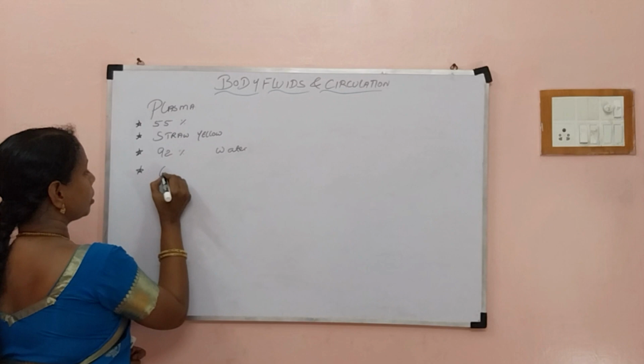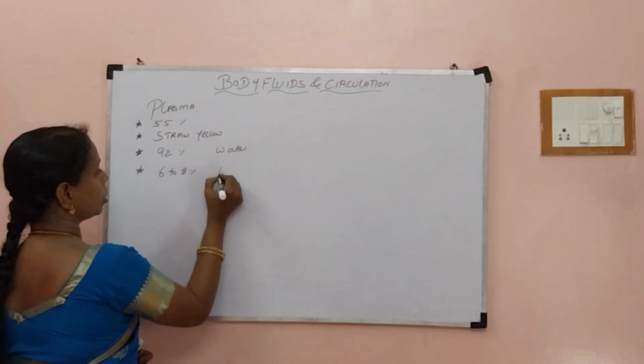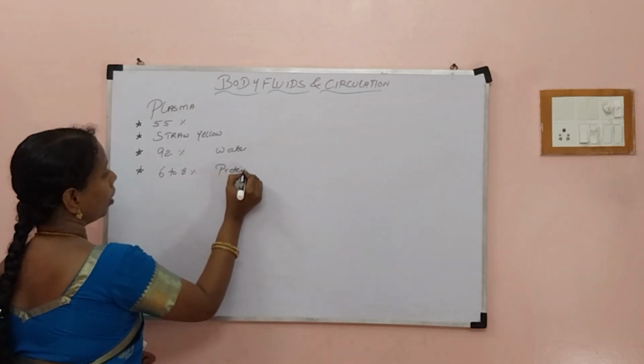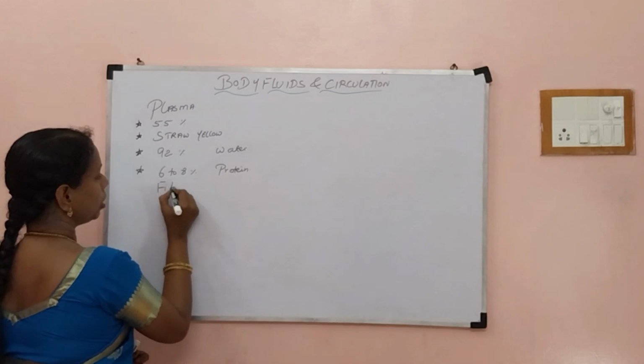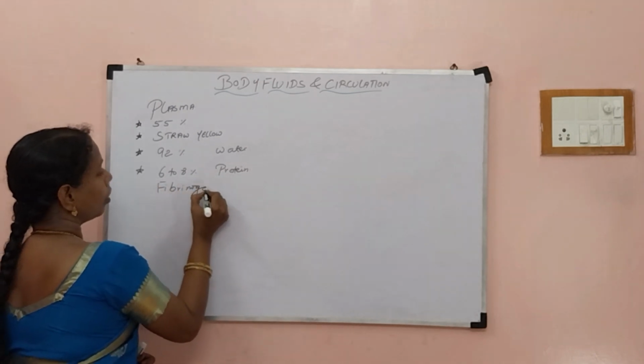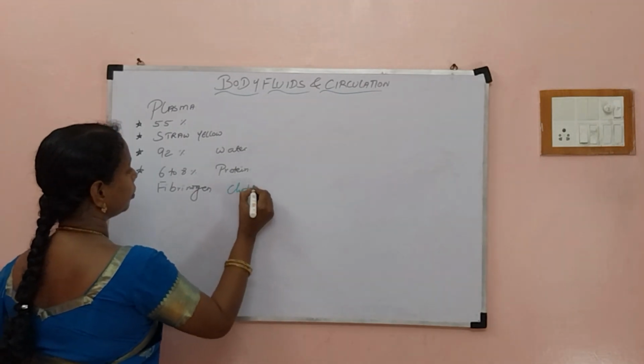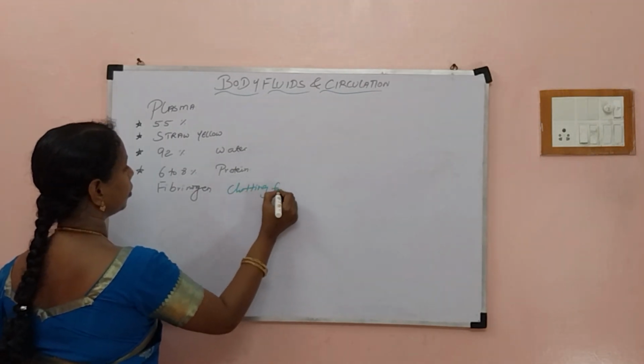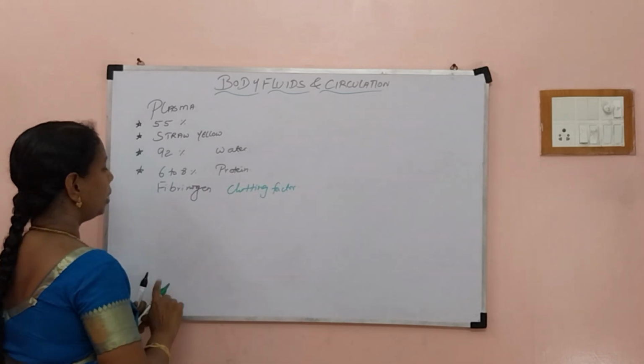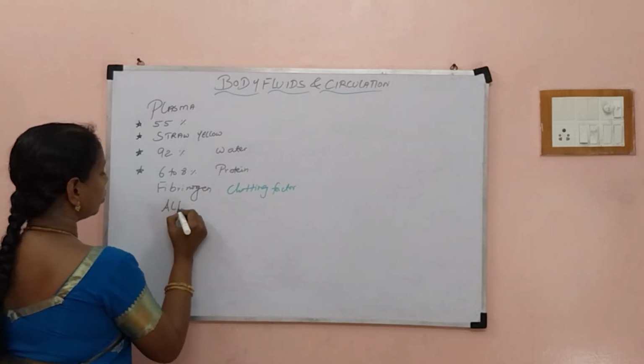And protein is some 6 to 8%. We find fibrinogen. Fibrinogen is a clotting factor. And we find albumin.